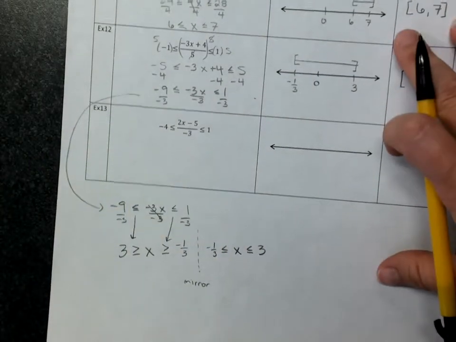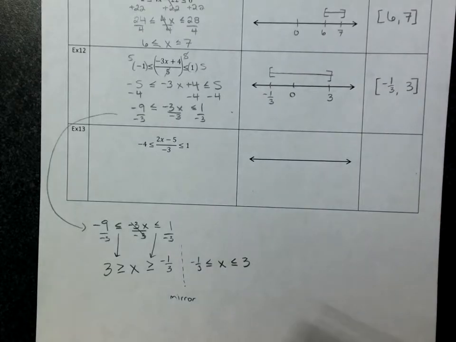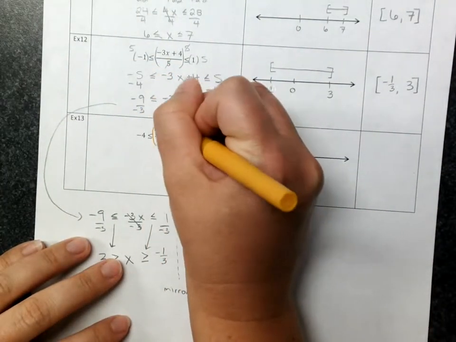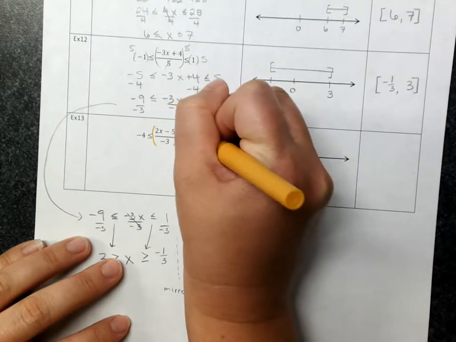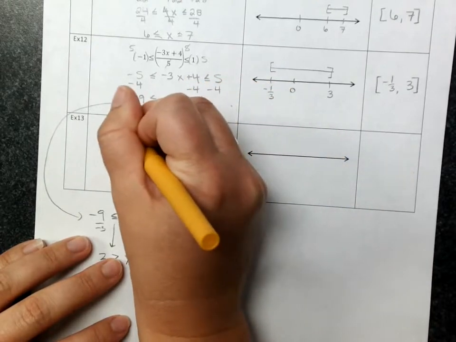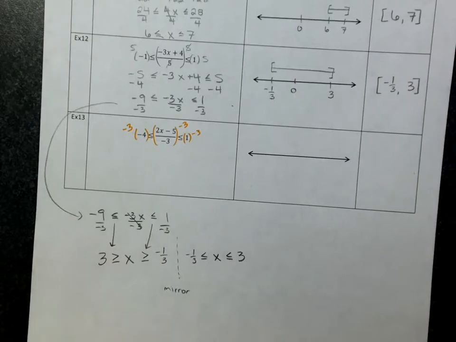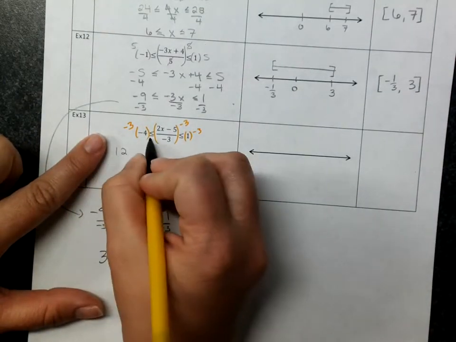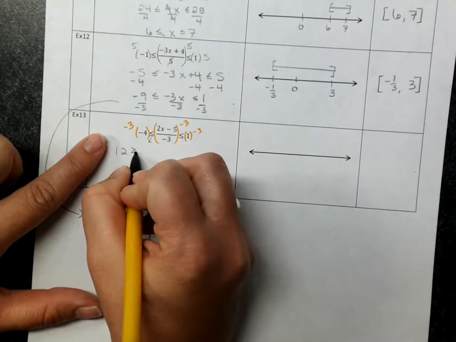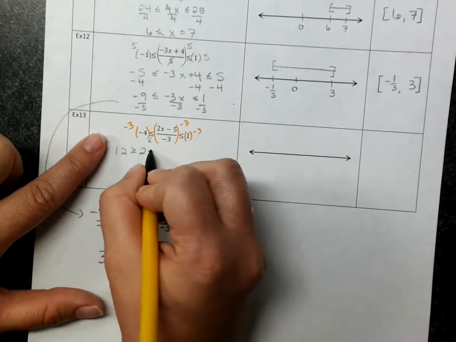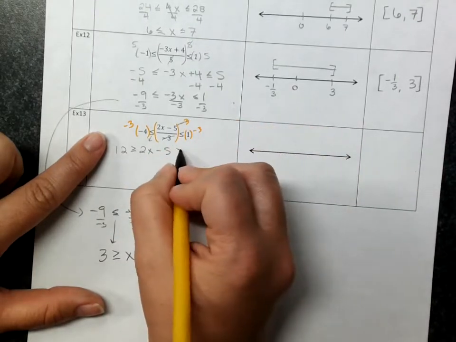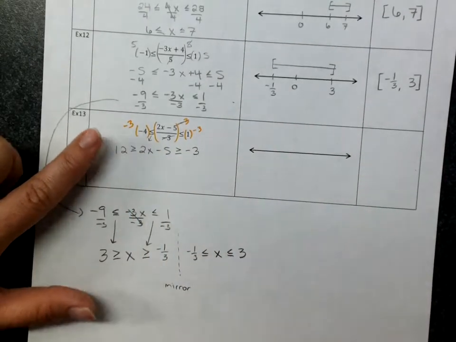Last but not least, example 13. The first thing you want to do is to multiply everybody by negative 3. This is one of those rare cases where we're multiplying by a negative, but the same principle is true. So this is going to be 12. That symbol is going to switch to face the other way. 2x minus 5 doesn't change because those just cancel. And this is going to turn and face the other way as well.